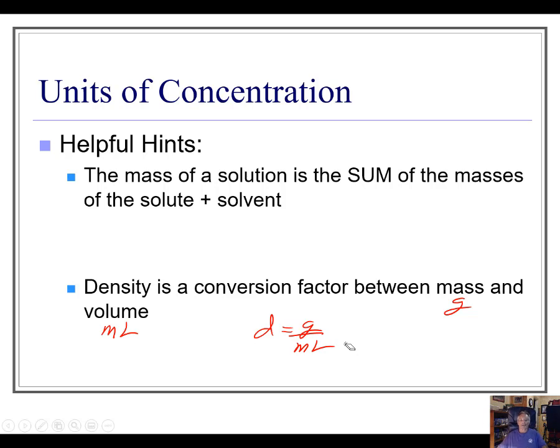And so since you have mass, grams, and volume, milliliters, you can use it as a conversion factor. If you're going to grams from volume, you can have grams in the numerator and milliliters in the denominator. If you're going from mass to volume, you would just invert this. And we'll show you how to do that both ways.